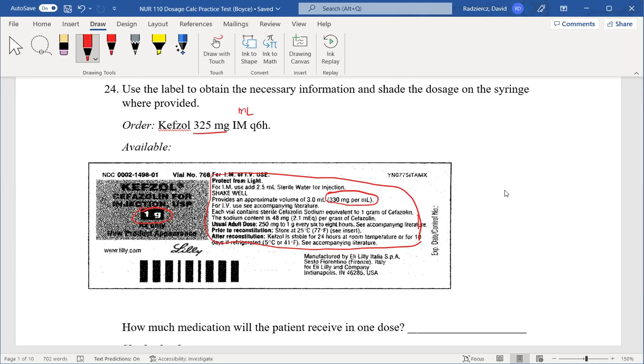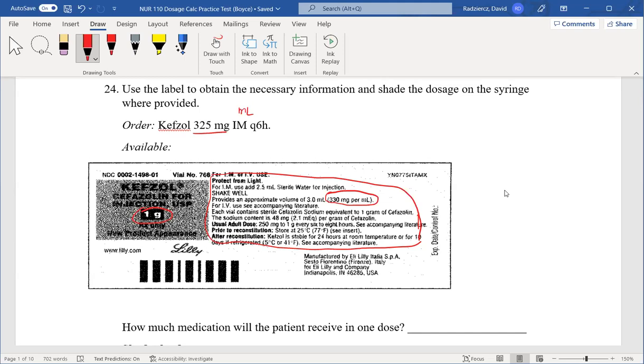Sometimes, if the 330 milligrams per milliliter wasn't given to you, you could take the 1 gram, which would be 1,000 milligrams, and divide that by the 3 milliliters, and you get 333.333, milligrams per milliliter. So this is an estimate of that concentration.